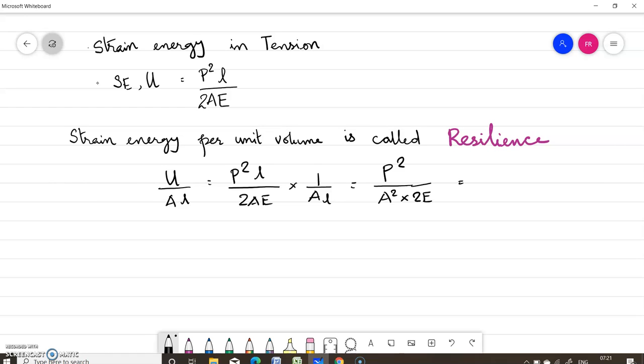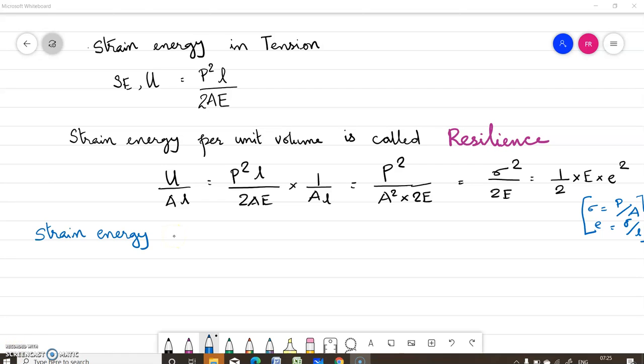Or you can write this as sigma square by 2E, or you can write this as 1 by 2 into E into epsilon square, since we know that sigma is equal to P by A and epsilon is equal to delta by L. So strain energy per unit volume, the resilience, is equal to sigma square by 2E.